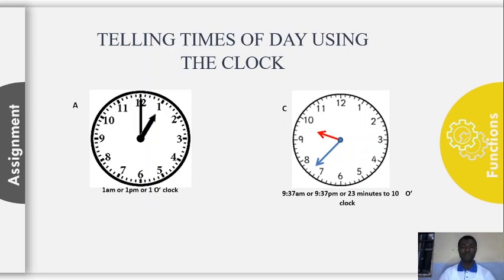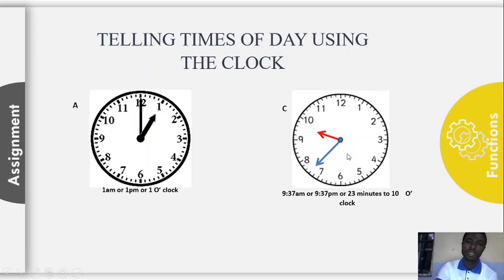The environment is what? Clear. So it is day already. So what do you say? 9:37 AM. Good. But if it is dark, it is now 9:37 PM. Good.